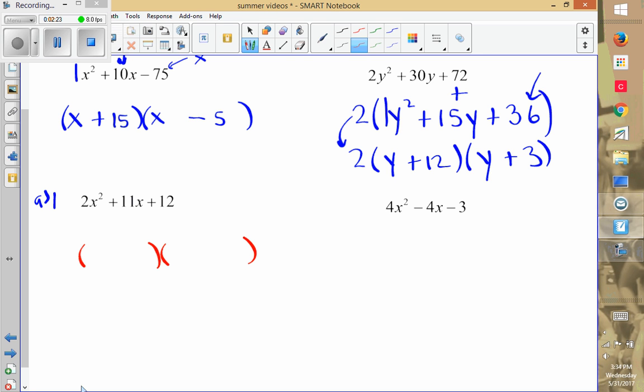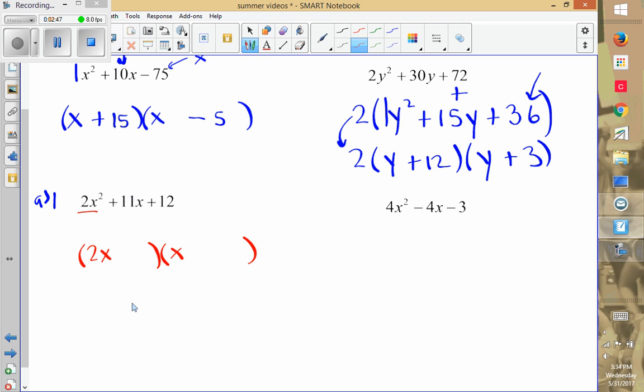I always want to start by looking at the first term. The only way to get a 2x squared is to multiply 2x and x. When you factor, you don't want to have any fractions as coefficients. It's all whole numbers, no decimals or anything like that. So the only way I can possibly get 2x squared is with a factor of 2 and a factor of 1.